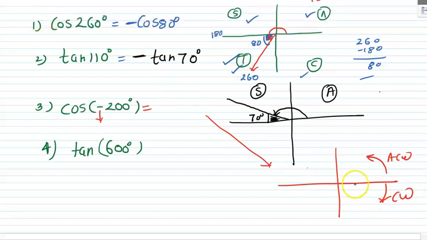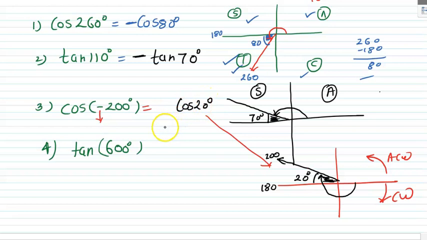So this is 90, 180 and 200 will be here. So we are coming here. The acute angle made with the x-axis is how much? This is 180, this is 200, so this is 20 degree. So cos minus 200, you can write down here cos 20 degree.